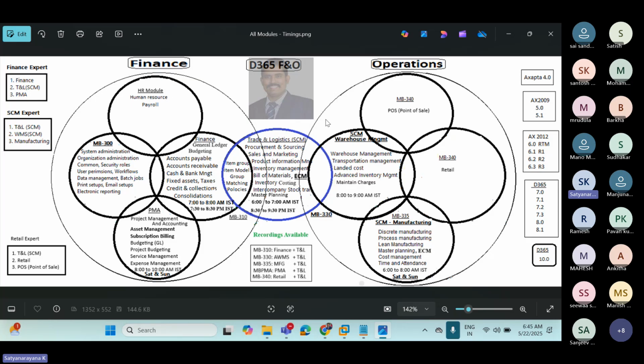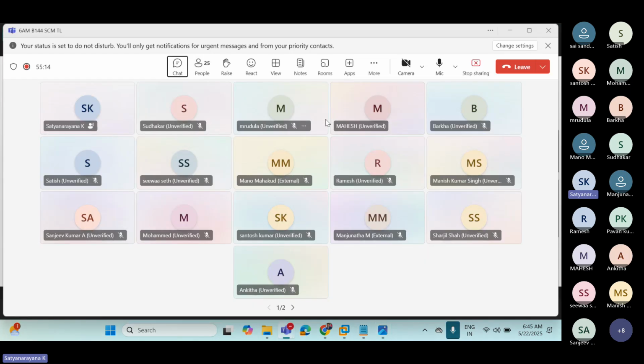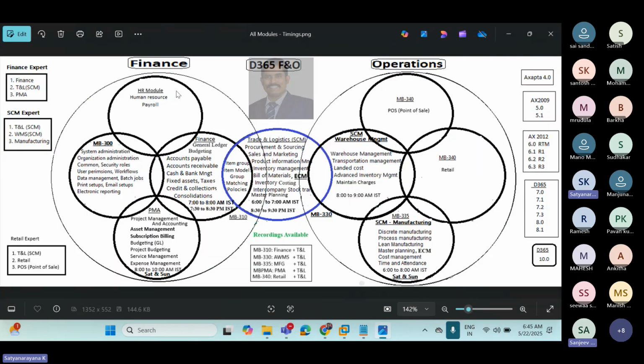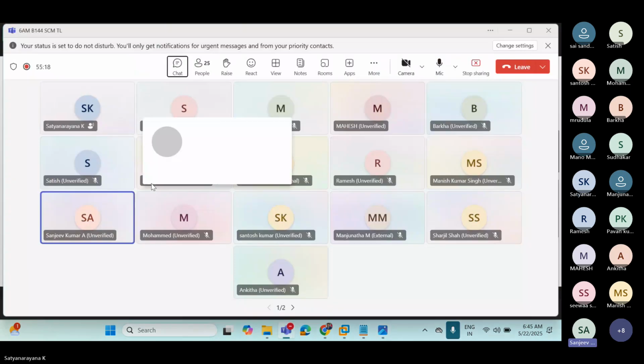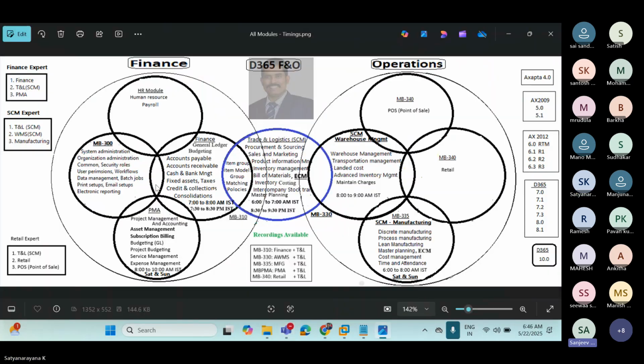Okay, fine. Who is asking, Sanjeev or Sudha? Is it clear? Yes, it's clear. To be an expert, we need to know all these things. First, we'll start with one module, or two modules, then you can expand your knowledge.